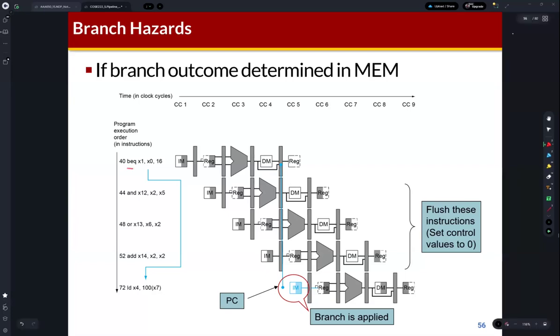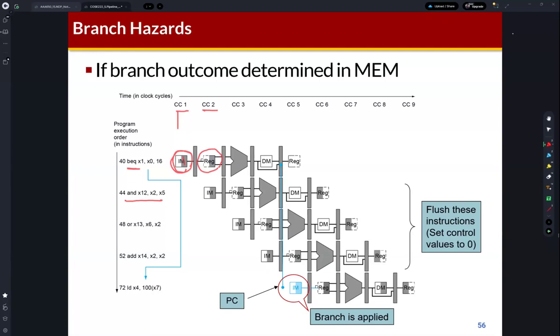As you can see, this is the BEQ instruction, so this is the branch instruction, right? At clock cycle number 1, the branch instruction is fetched, and at clock cycle number 2, the branch instruction is in the instruction decoding stage, ID stage, and the next instruction is in the instruction fetch stage.